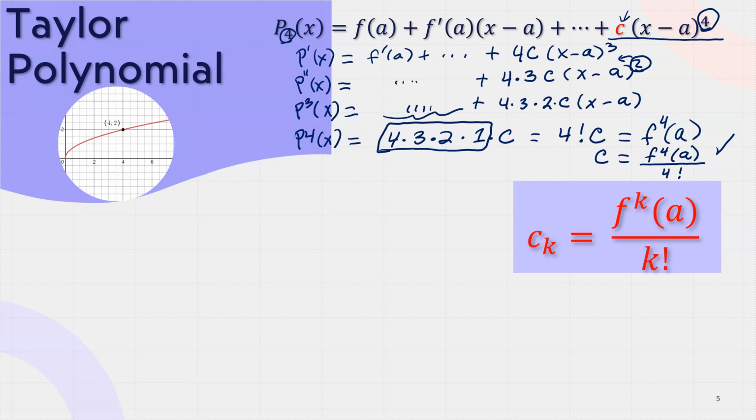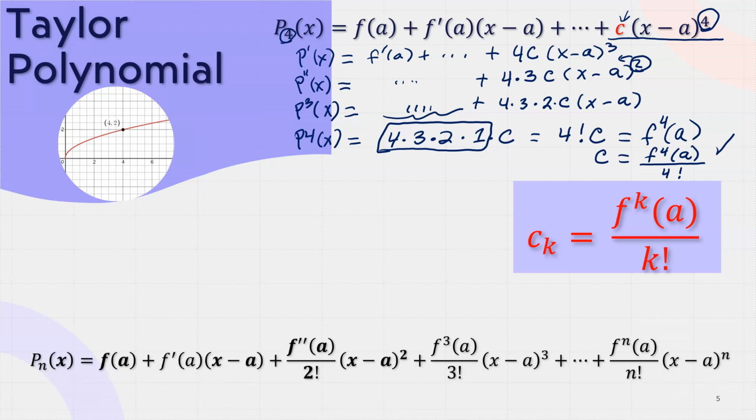And so if you think about that fourth degree polynomial approximation, or the nth degree polynomial approximation, there's this linear part, and then here's that quadratic that you have seen.